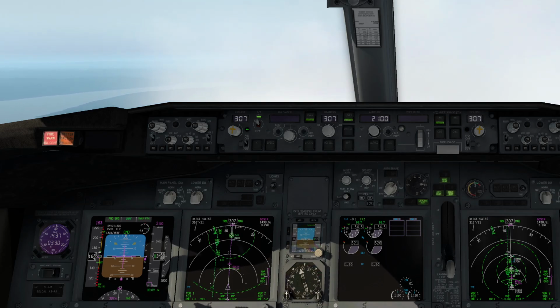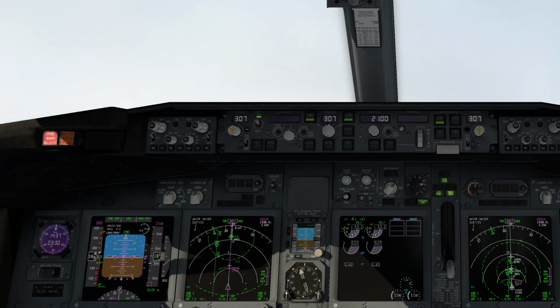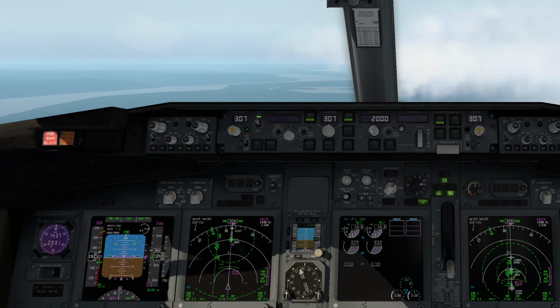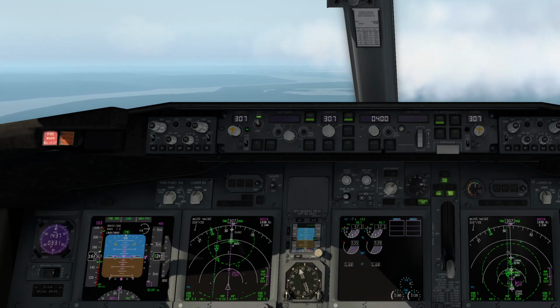Reducing the speed to 160 knots, 163. Thousand to go. 7.2 nautical miles.